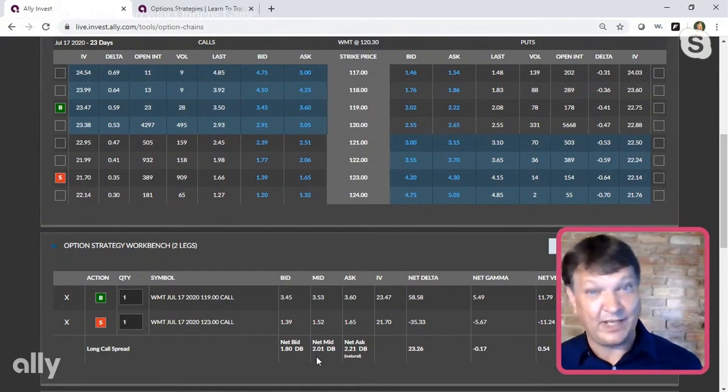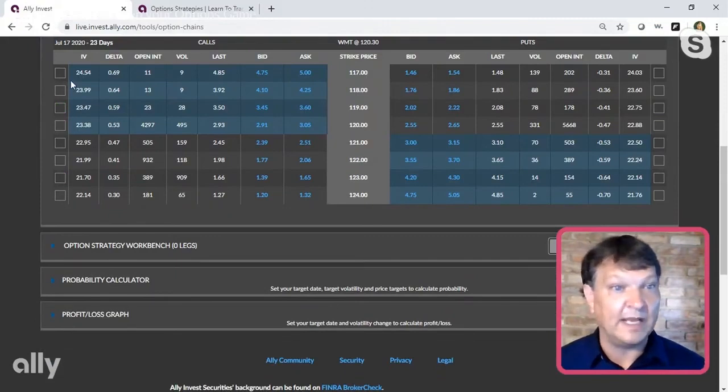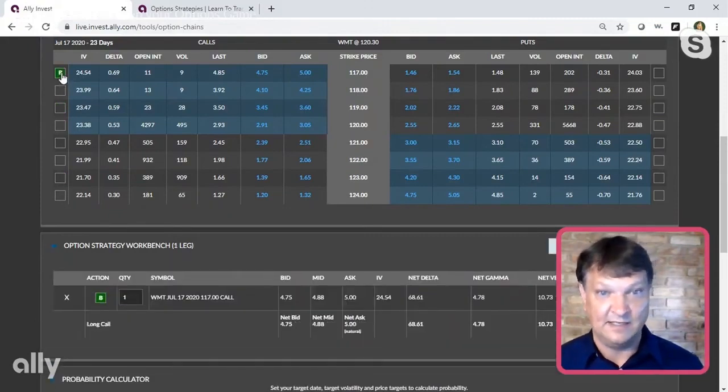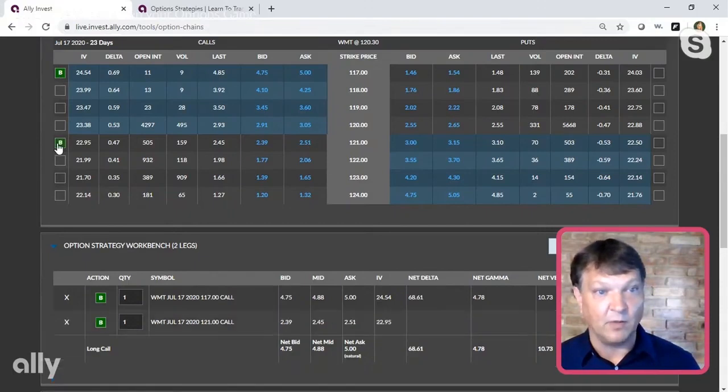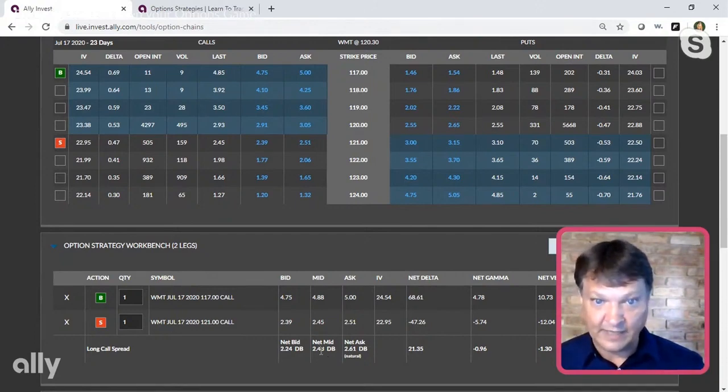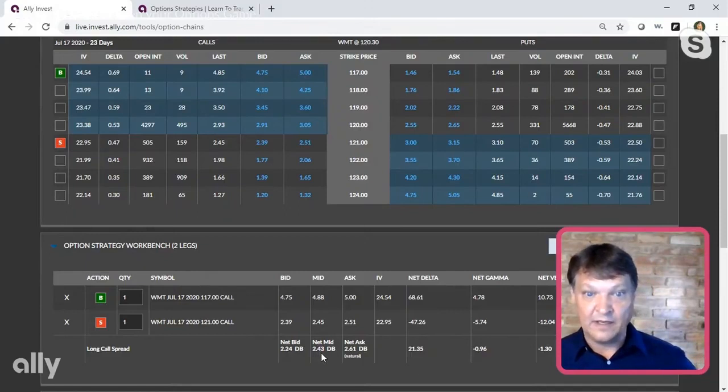Now, if I want that break even point to be below where the stock is, I go the opposite direction, right? I would have to go down. We did the 118. Let's go down to the 117, and we make it 4 points, and we sell the 121. All right. So now in this instance, 117 plus 2.43, where the midpoint is at, is 119.43.